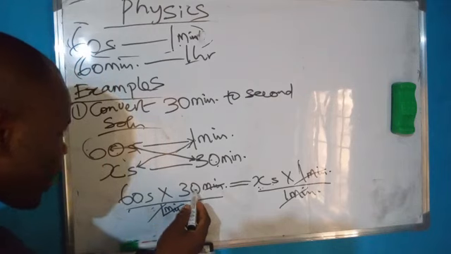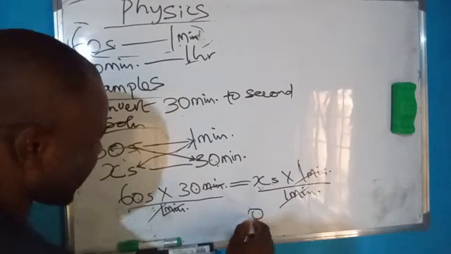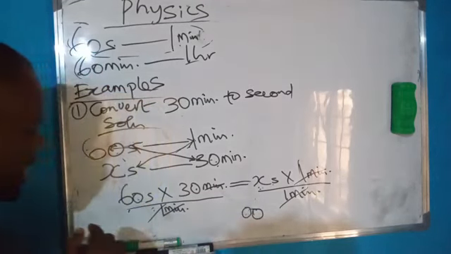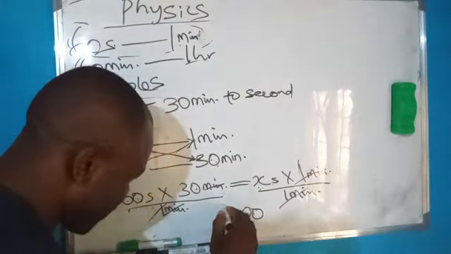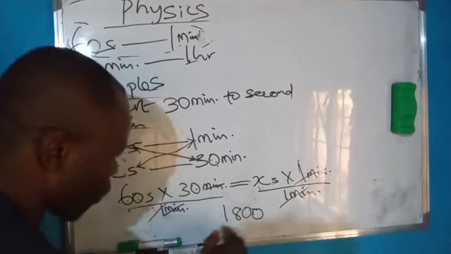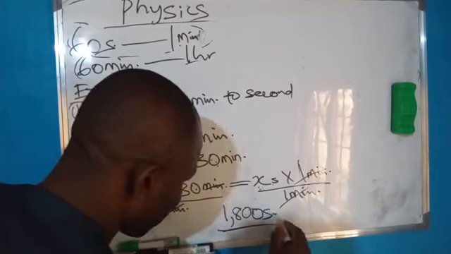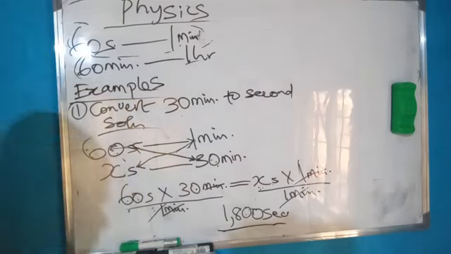If you want to use your head, just simple. Just pick these 2 zeros here. It looks like magic, right? Just 0 and 0 like this. So that 6 times 3 will give you 18. You write 18. That is 1,800 seconds. Remember, this is second.